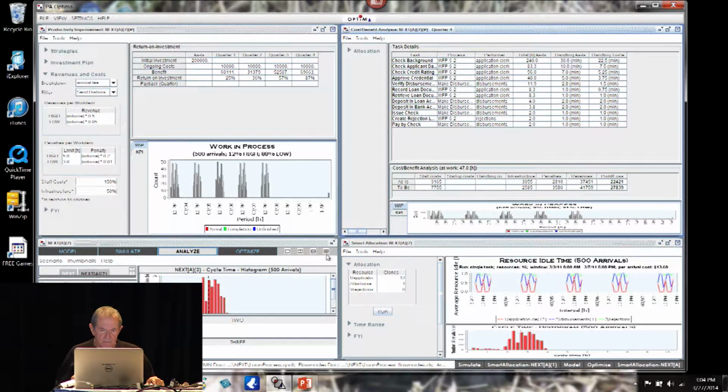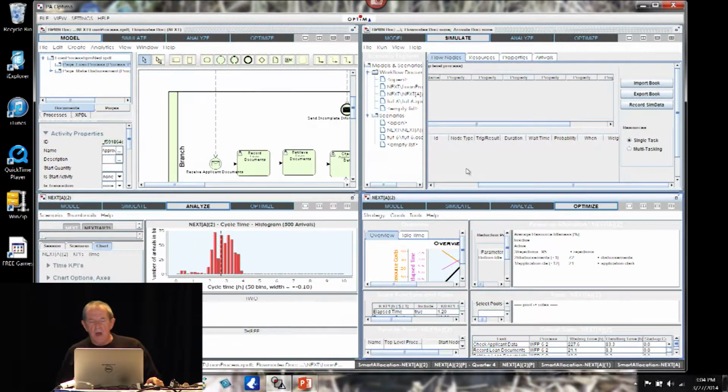So, okay, Optima has a lot of algorithms like this for improving and for judging the value of improvements. It was originally conceived of in the framework of processes with maps, as in BPMN 2.0 maps.